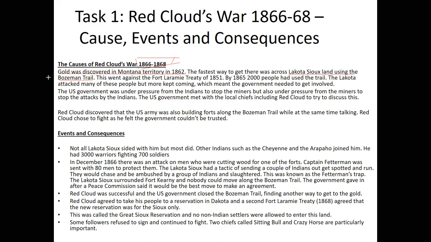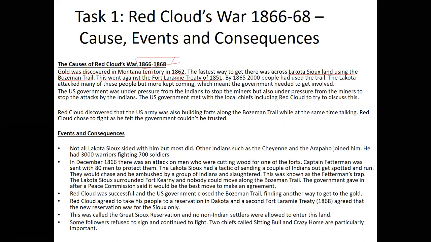This went against the Fort Laramie Treaty of 1851, so once again, it's another example of where that treaty was broken. But who do you think the government took the side of? Of course, it's going to be the prospectors, the gold miners, because they give more to the American economy. By 1865, 2,000 people used the trail, and the Lakota Sioux attacked many of these people, but more kept coming.